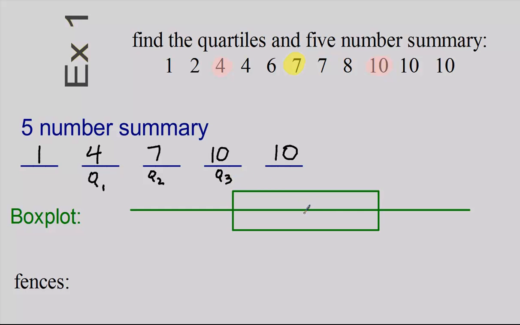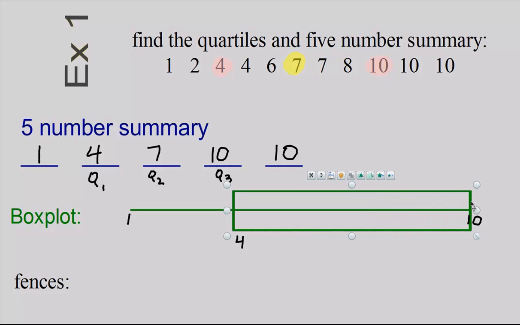So when I plot that on a box plot, there's my minimum and my maximum. If I think of this as a number line from 1 to 10, 5 would be about in the middle. So 4 would be around here. That would be our Q1 number. Q3 would be 10, which makes me have to stretch my box.